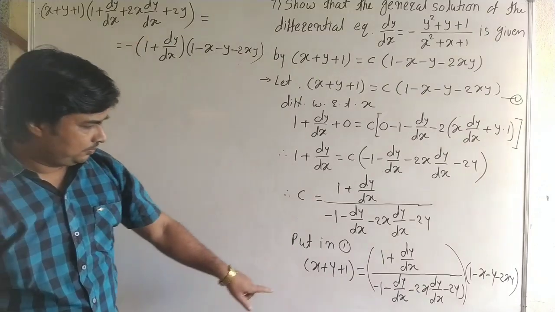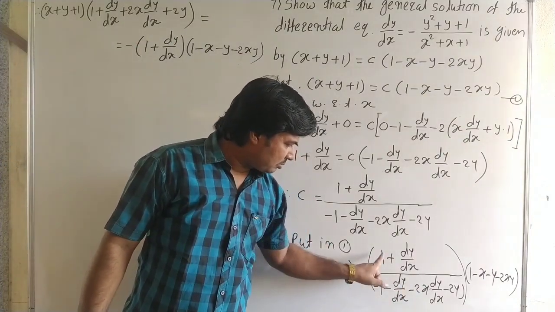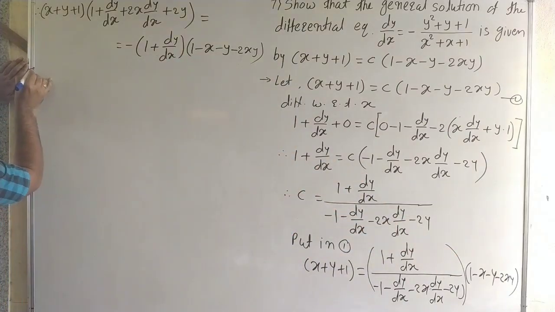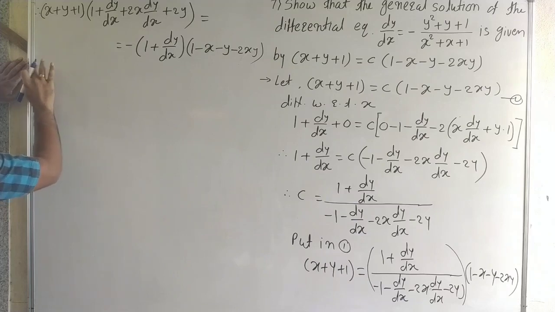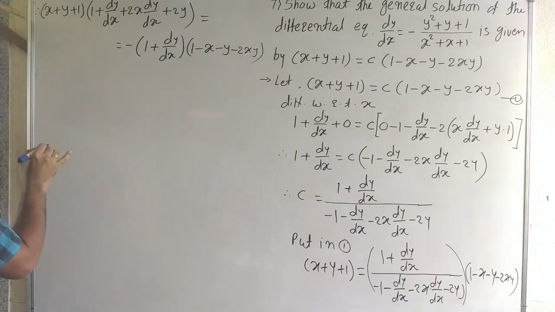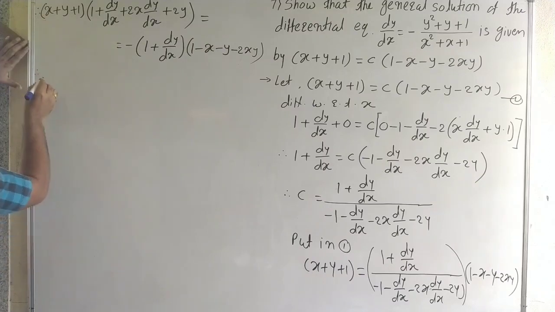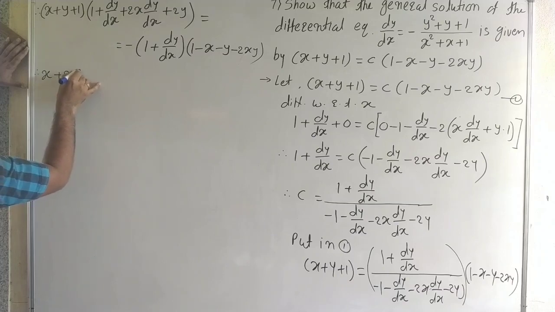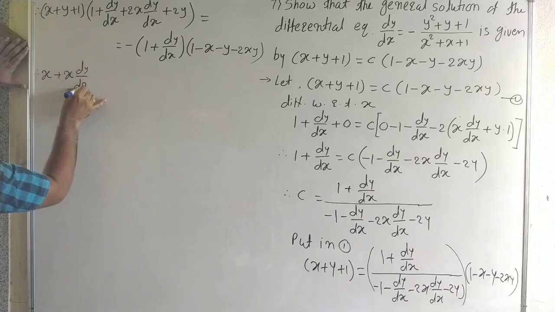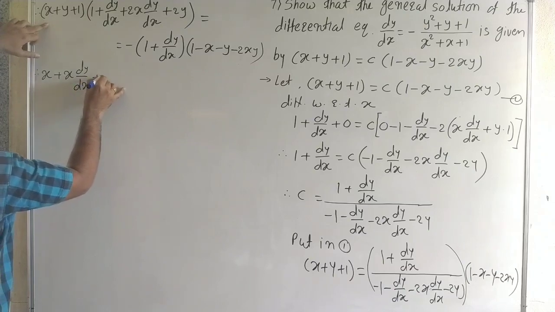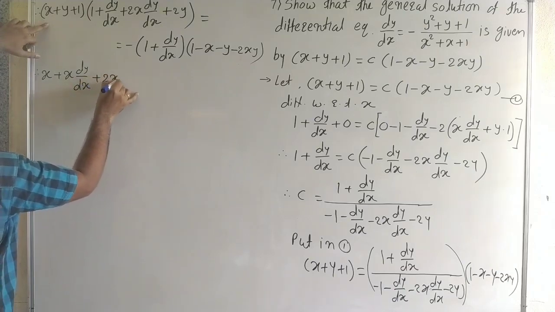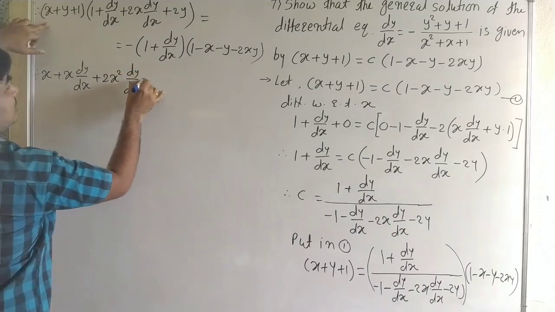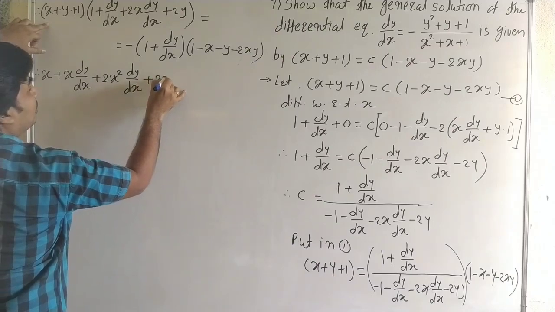See carefully this. Here we take this minus common, we write here minus 1 plus dy by dx into this bracket. Now we calculate this. Therefore, take the multiplication. Here it is multiplied by x, then it is x plus x dy by dx plus 2x square dy by dx plus 2xy.